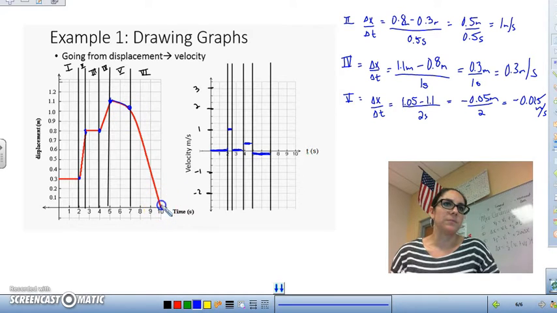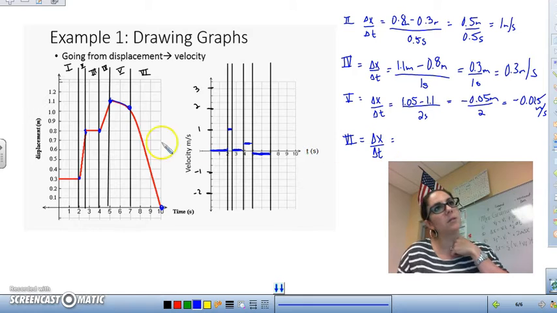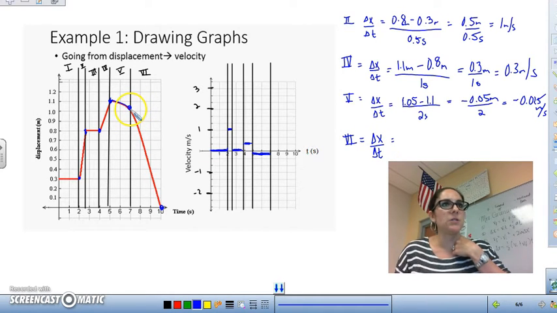And then let's look at this one, the last section 6. So same thing, I'll take a slope. So if I take the slope of this, what I get is we start off at 1 and we go to 0.